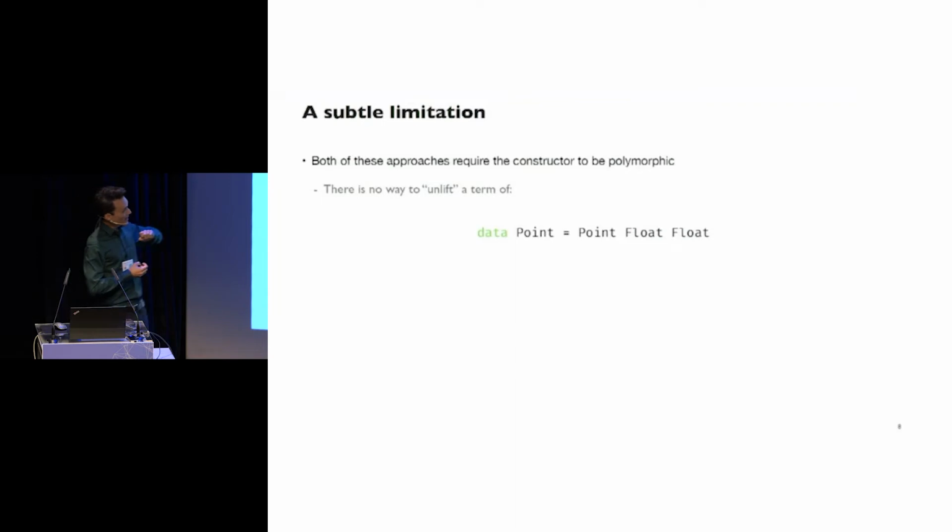But if I have something like this data type Point, there's no way I can... this constructor Point, sorry for the punning, requires things of type Float, right? I can't mash an expression of type Float in there, right? This is fixed, right? So there's no way to lift and unlift terms of this type that's fixed.